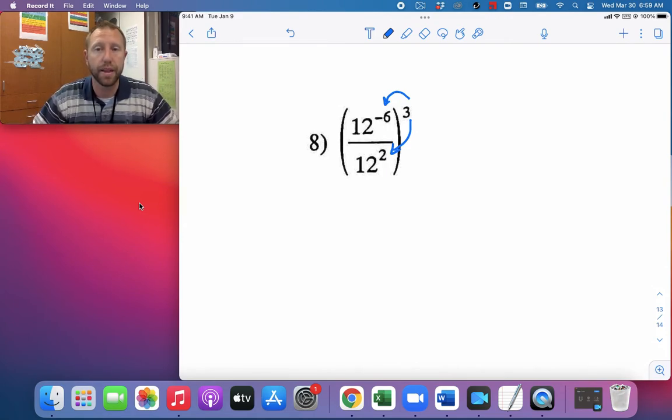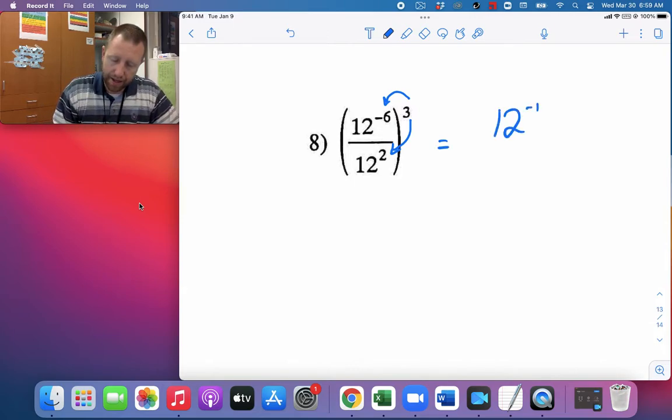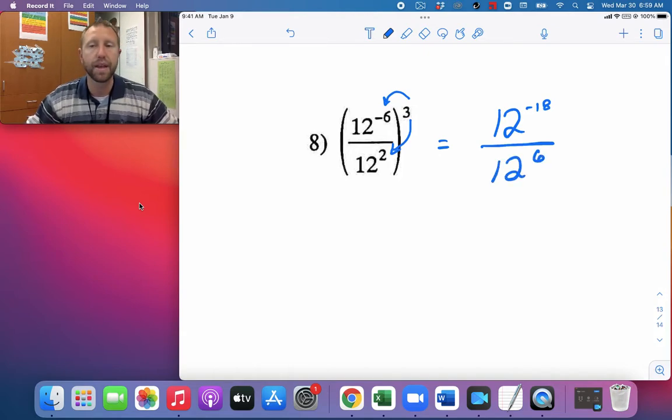I'm going to multiply the power to the power, but I have to do it to all the powers. I'm going to do it to the negative 6 and to the 2. Okay, so negative 6 times 3, that's going to give me negative 18. 2 times 3, that's going to give me 6. And now I can apply my quotient rule.